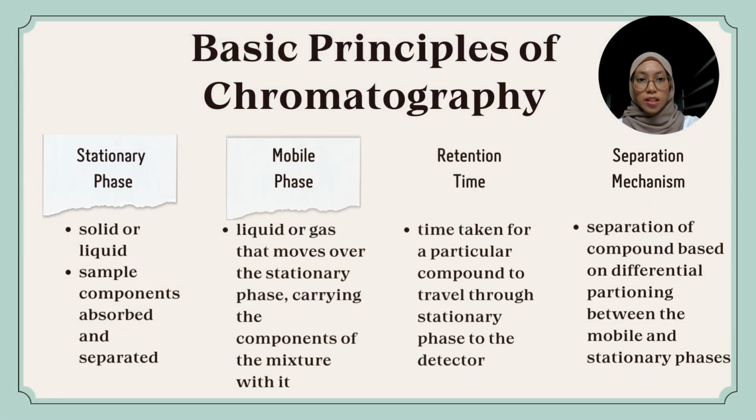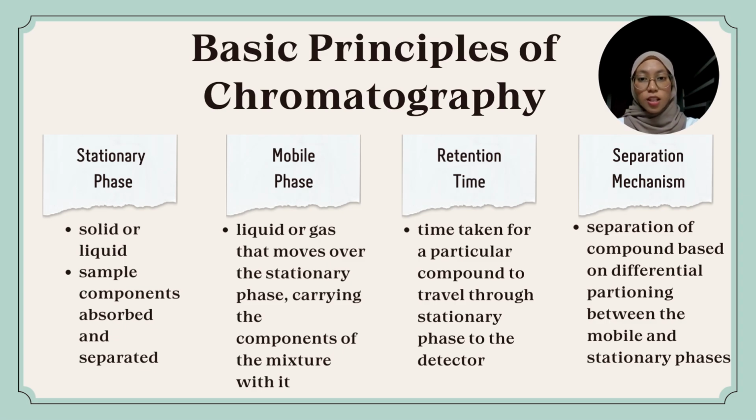Next, I will explain the basic principles of chromatography. The first one is the stationary phase, which is a solid or a liquid spotted on a solid where the sample components are absorbed and separated. The stationary phase can vary based on the type of chromatography, such as paper, silica gel, or a specific column packing material.